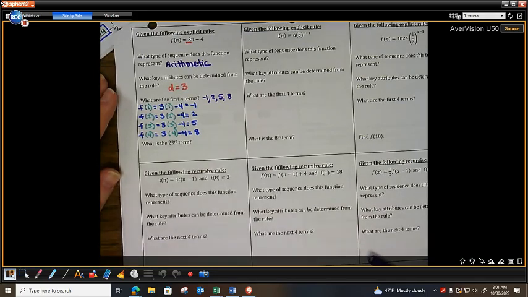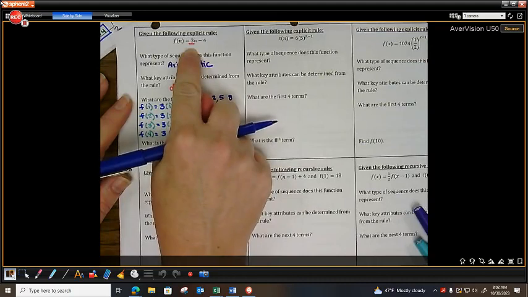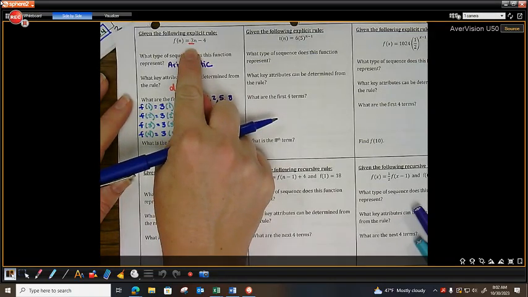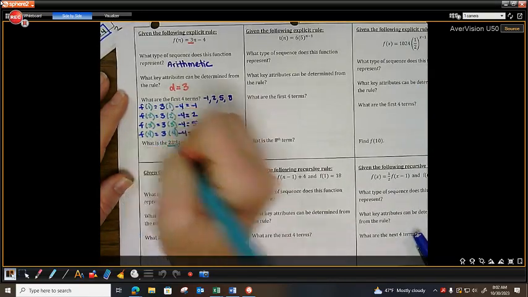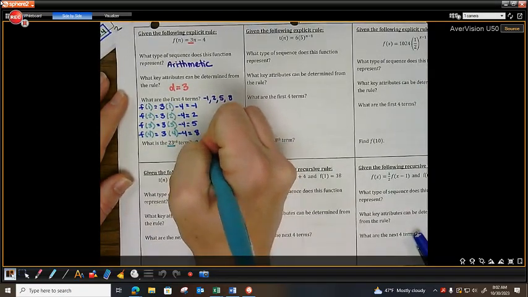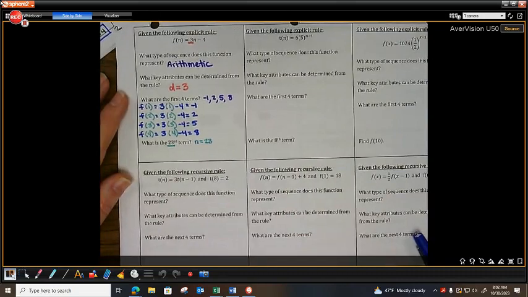In order to find the 23rd term, what would I do? Do you want to add 3 23 times? I don't. Can I use my formula? Yeah. If I'm finding the 23rd term, what does that mean that 23 represents? What variable? Your n. So I can use my formula and replace n with 23.